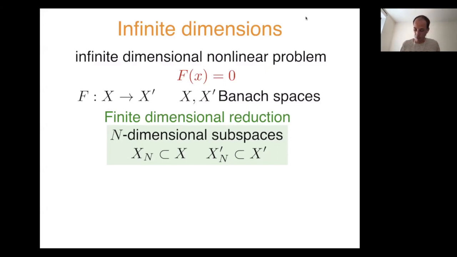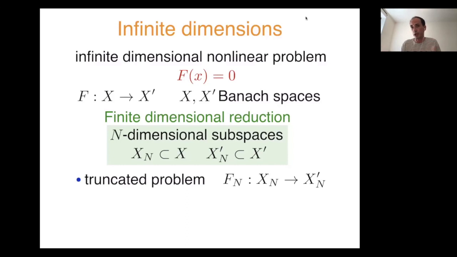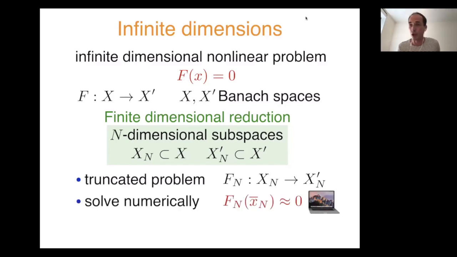Okay, so we have a finite dimensional truncated problem, and we give it to the computer, and we hope that we can do it ourselves, or we know someone who can do scientific computing and find for us an approximate solution of this truncated problem.